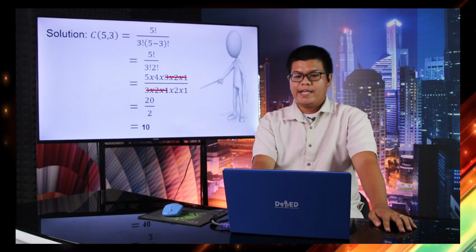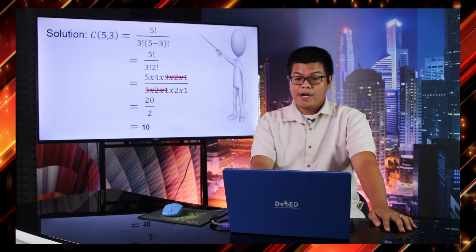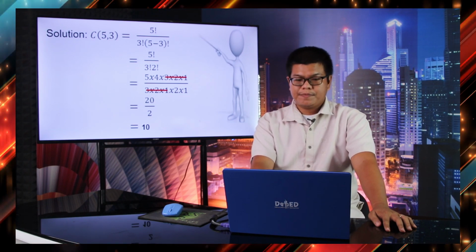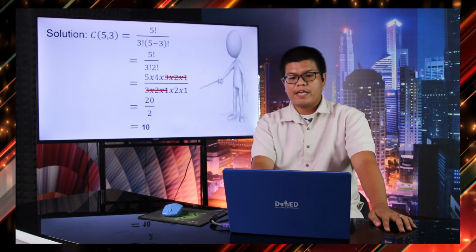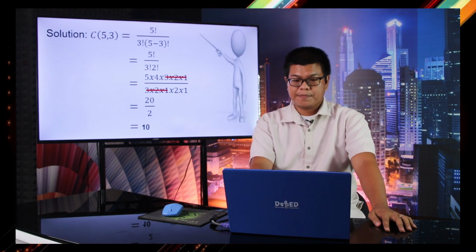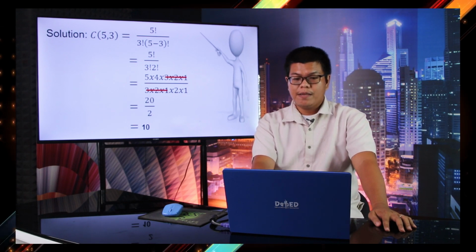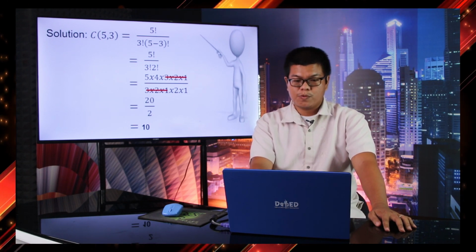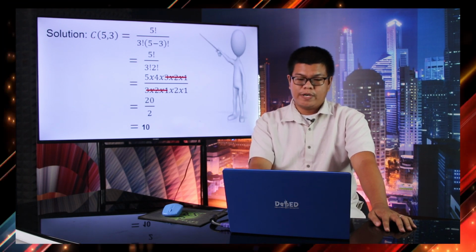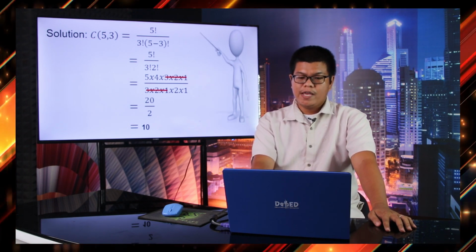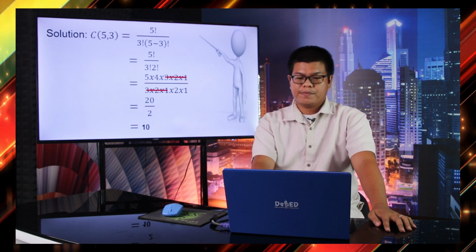To simplify, let's expand the numbers having a factorial. 5 factorial means 5 times 4 times 3 times 2 times 1. And 3 factorial means 3 times 2 times 1. Times 2 factorial means 2 times 1. After, let's cancel out the common.